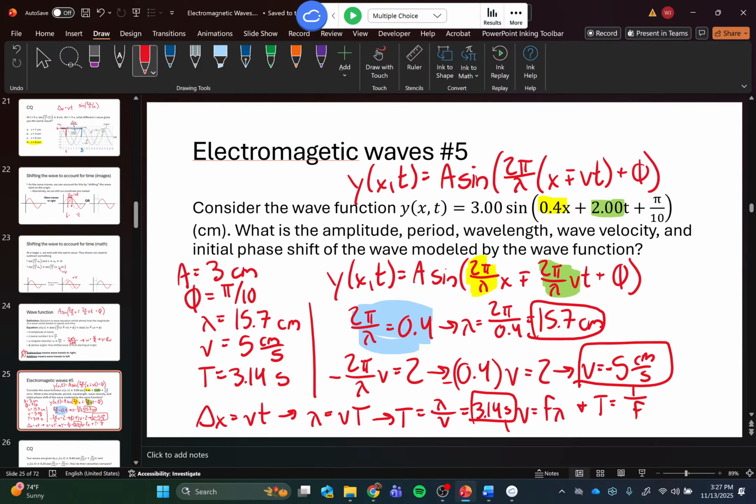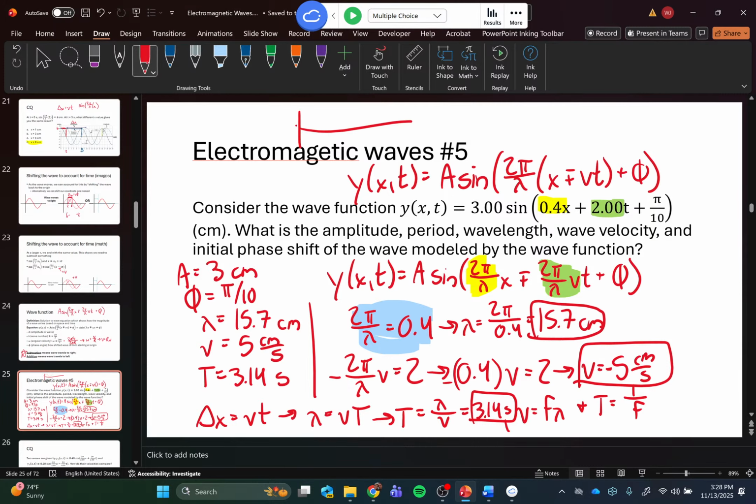So what this means is this is a sine function that doesn't start at its maximum. If you put x equals 0 and t equals 0, the value of this is not A. It's shifted. If I drew this function, it would be some shifted function. I've got to be careful here. Shifted plus phi, I'm going to say it's shifted to the left.